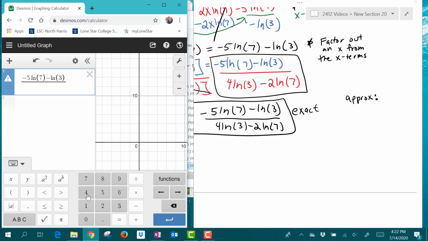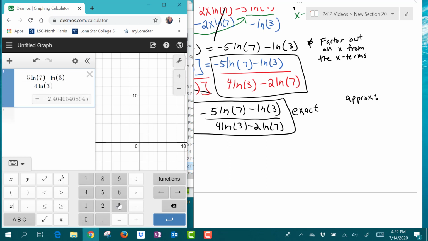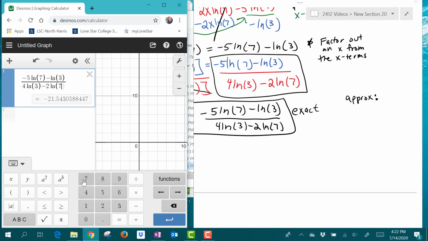You're going to divide that by 4 times the natural log of 3 minus 2 times the natural log of 7. Alright, so our final answer is approximately negative 21.543 if I round to the nearest 3 decimal places.